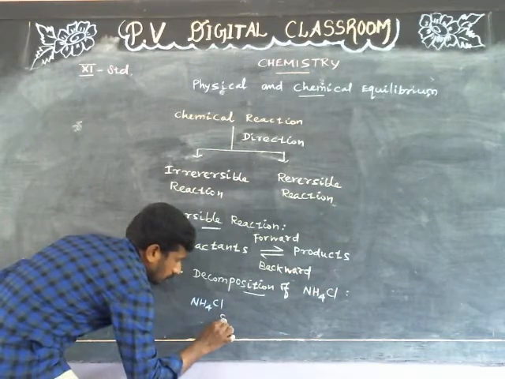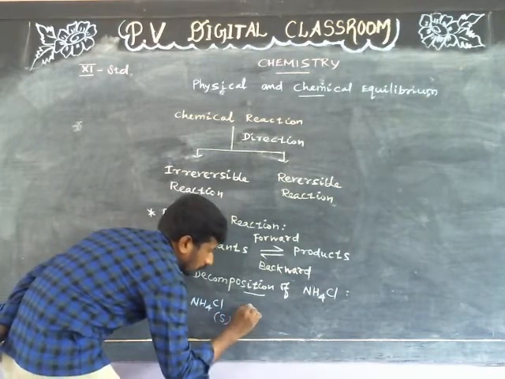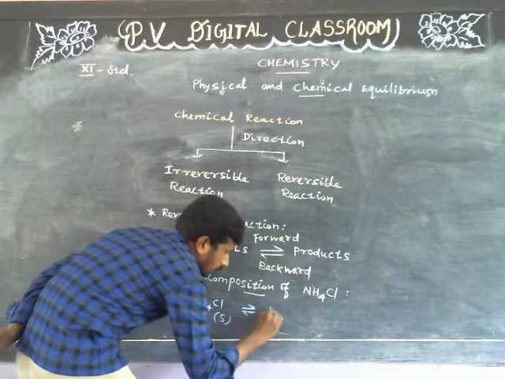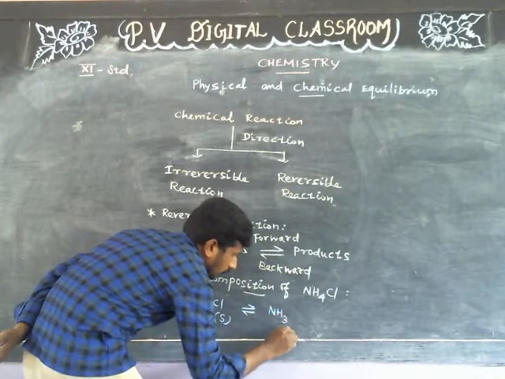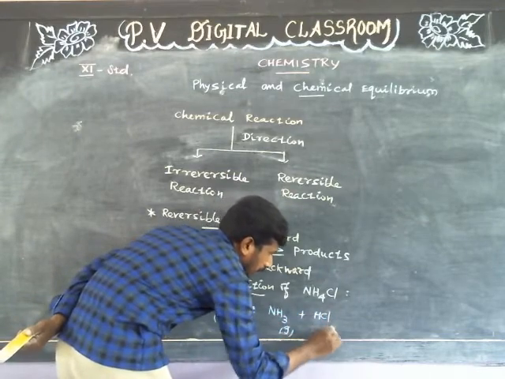Ammonium chloride gives ammonia gas and hydrogen chloride gas.